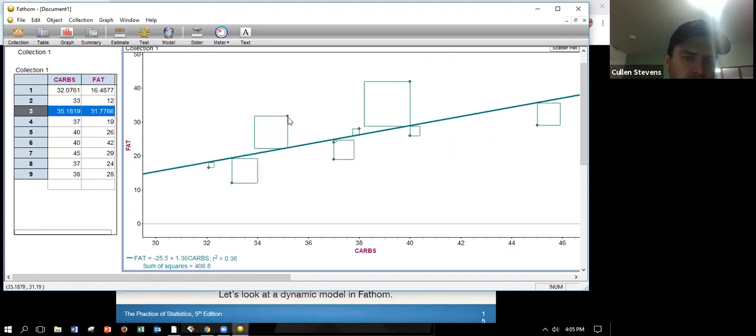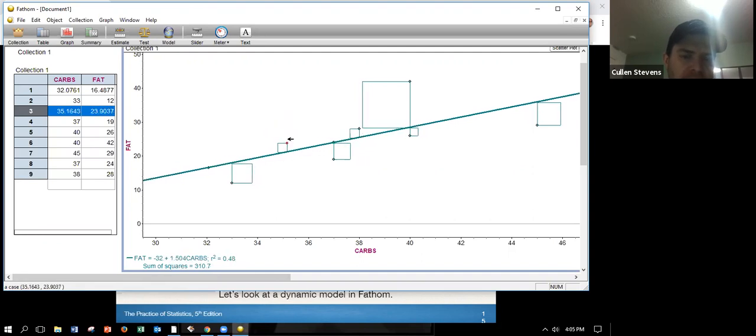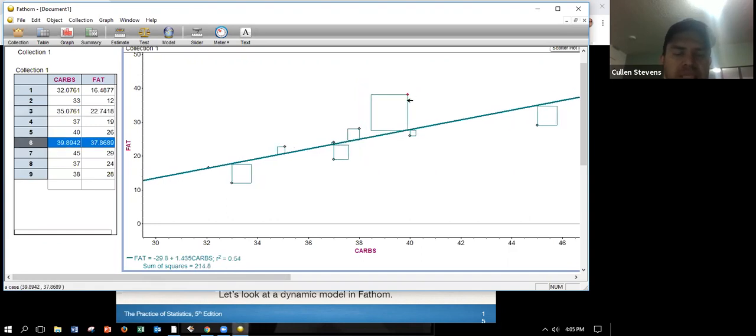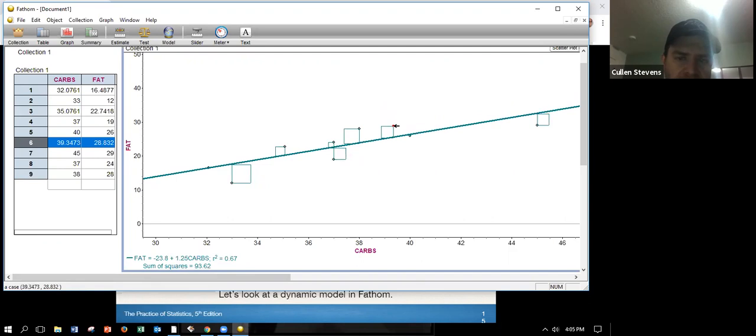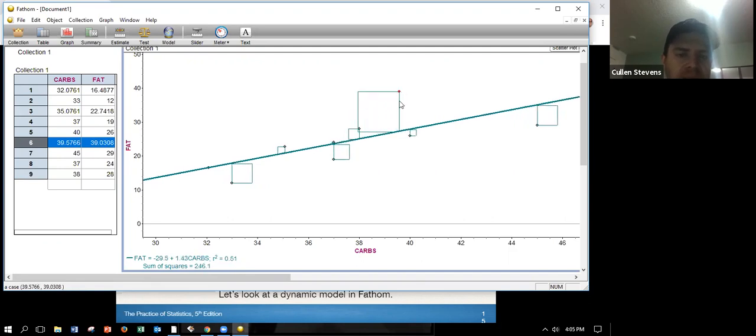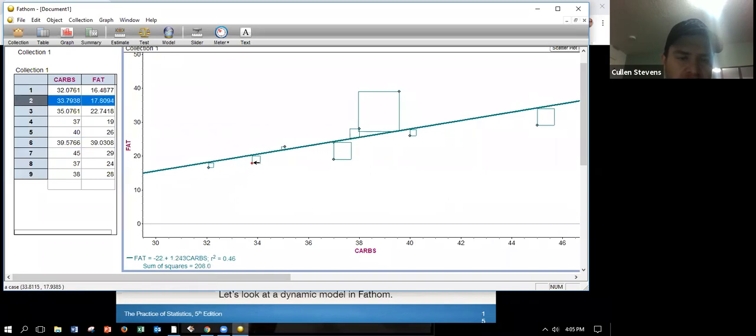Okay. So when that line cuts through, it's saying, this is the smallest amount of residuals that I can have. And we notice that if the points are closer together, then they're going to have smaller residuals.